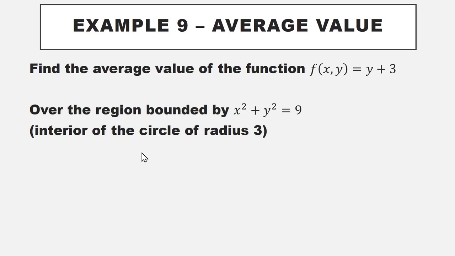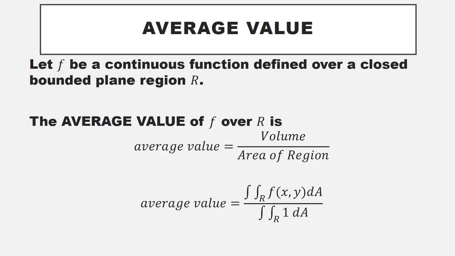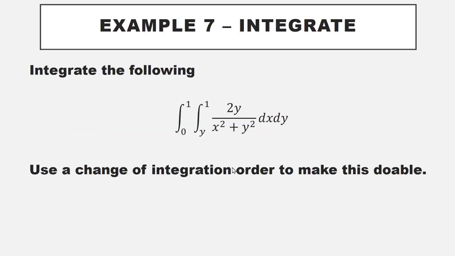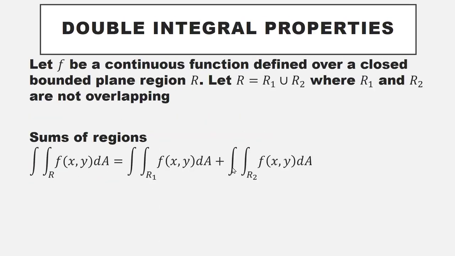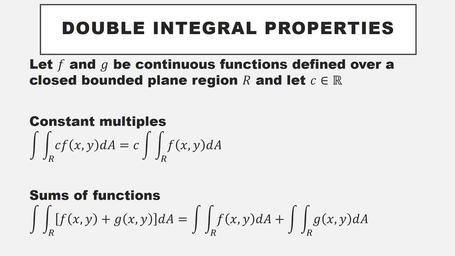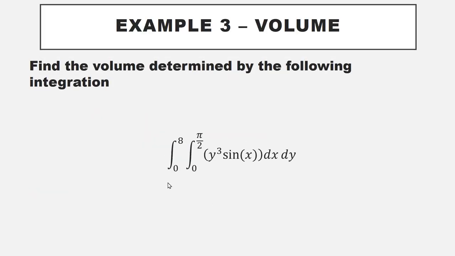So that'll be the last example in this video. Obviously, we did some average value. In the previous video, we did the area of a region. We learned how to utilize some of these rules where we can pull out constants and do sums to make our lives a little bit easier, especially if we have technology.